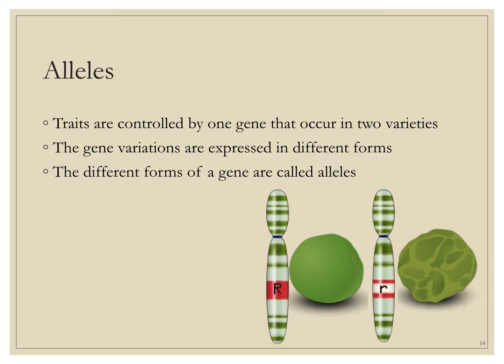That R in that red band is the one that's going to code for the seed coat. The capital R would be for smooth and the lowercase r would be for constricted. Those chromosomes are going to come back together when the zygote is formed, and that section of that chromosome is what's going to code for that seed coat.